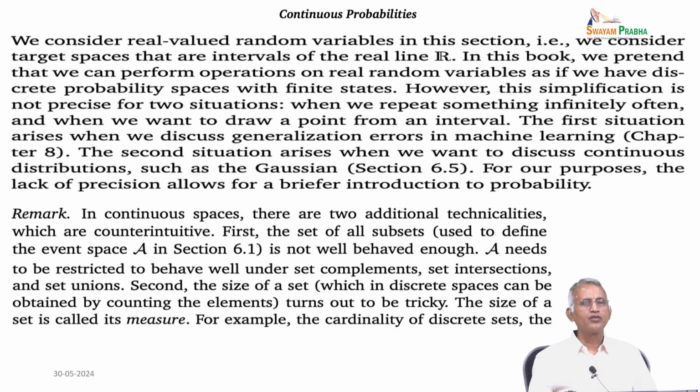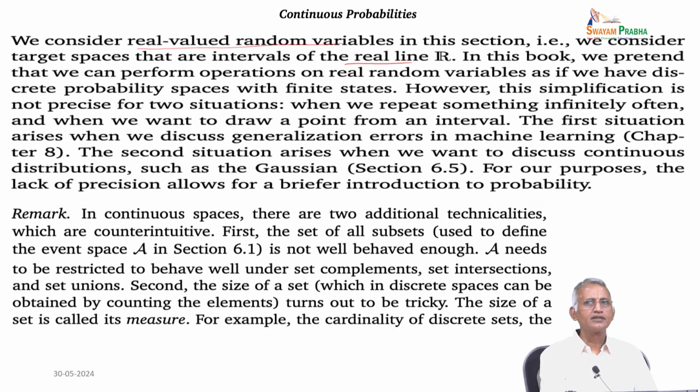Now we are going to look at the idea of continuous probability theory. We consider a real valued random variable in this section, with target spaces that are intervals of the real line R. In this talk we pretend that we can perform operations on real random variables as we do with discrete random variables, with probability spaces of finite states.